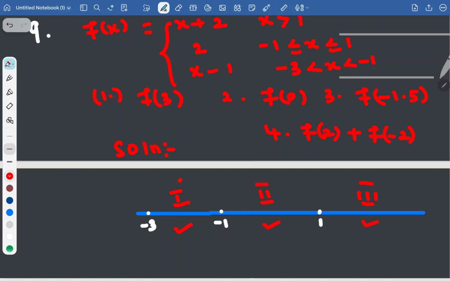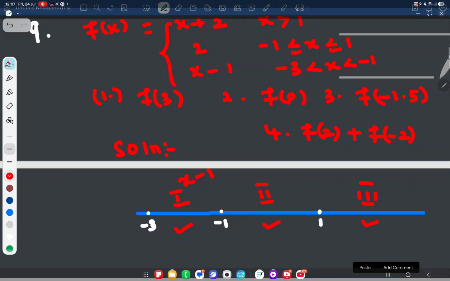For first interval, f of x is x minus 1. For minus 1 less than or equal to x less than or equal to 1, f of x is 2. For x greater than 1, third interval, x plus 2.